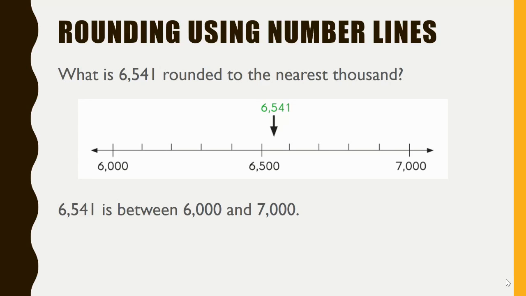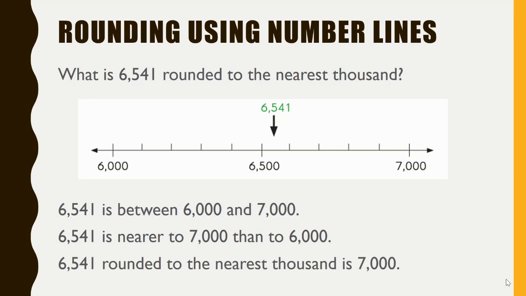I am then going to notice that 6,541 is a little bit closer to 7,000 than it is to 6,000. Once I notice this, I'm then able to round my number to the nearest thousand. I should notice that 6,541 is closer to 7,000. That means that 6,541 rounded to the nearest thousand is 7,000.